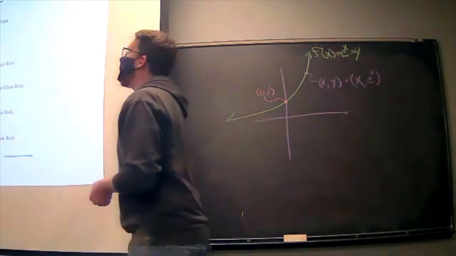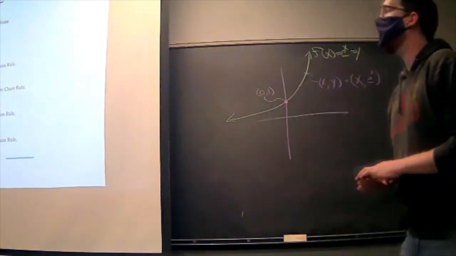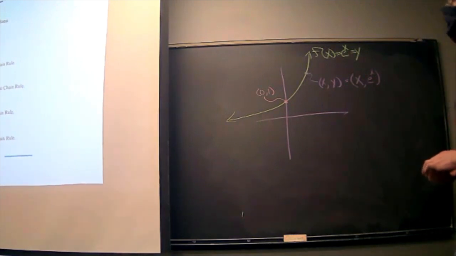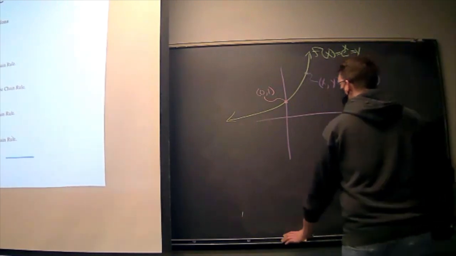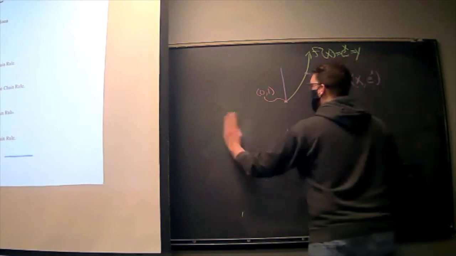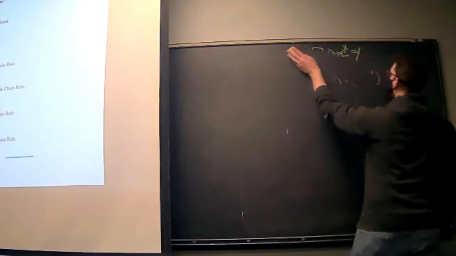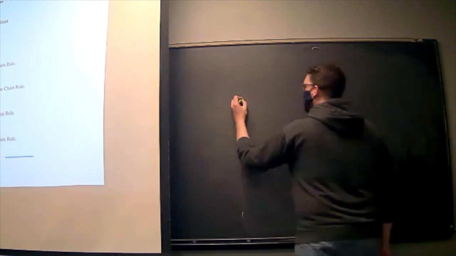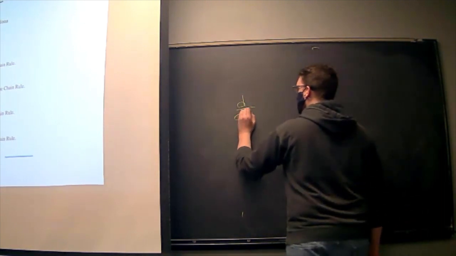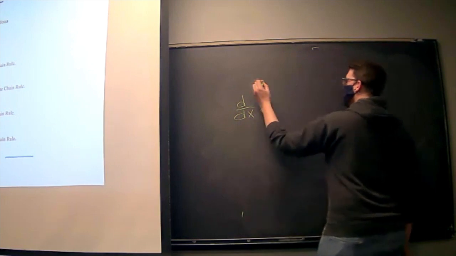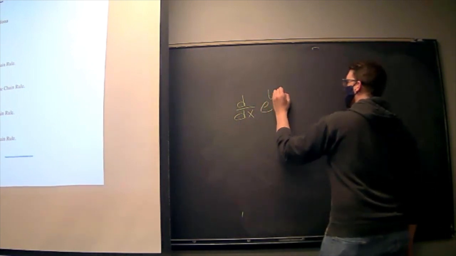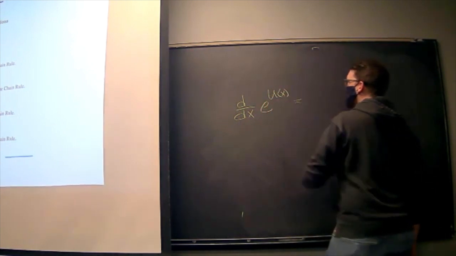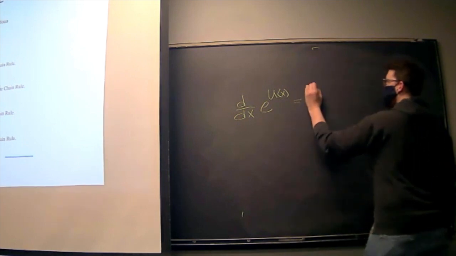We're asked to differentiate each of these functions. The first case, we have e to the 2x. Well, we know the rule for differentiating e to the u(x), right?